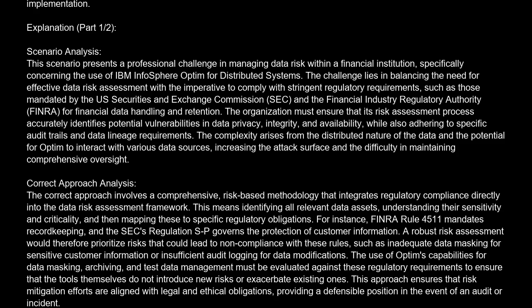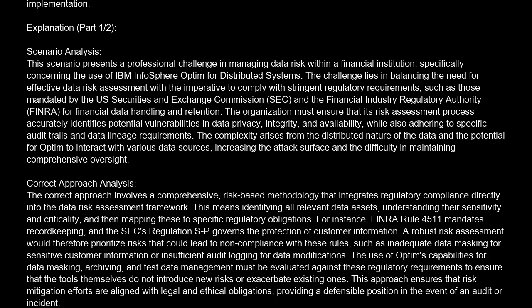The challenge lies in balancing the need for effective data risk assessment with the imperative to comply with stringent regulatory requirements, such as those mandated by the U.S. Securities and Exchange Commission, SEC, and the Financial Industry Regulatory Authority, FINRA, for financial data handling and retention.